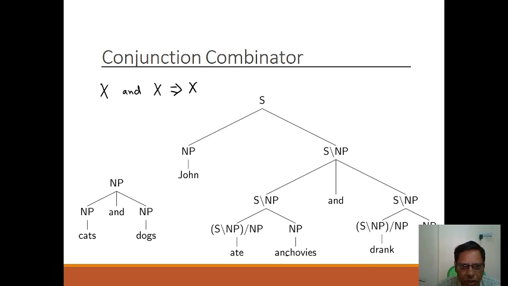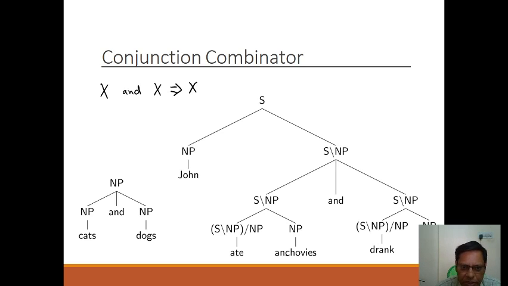Okay, conjunction combinator, X and X belongs to X. What is the statement here? Cats and dogs, ate eggs, drank beer. Here one statement is cats and dogs, and another statement is John ate eggs and drank beer. How are the statements dividing? Here noun phrase is dividing into noun phrase and noun phrase, that is cats and dogs.